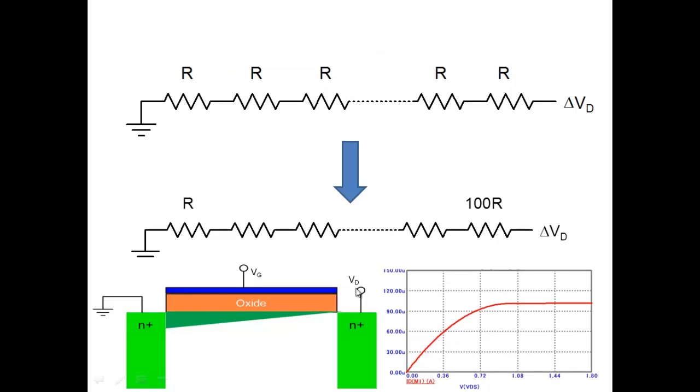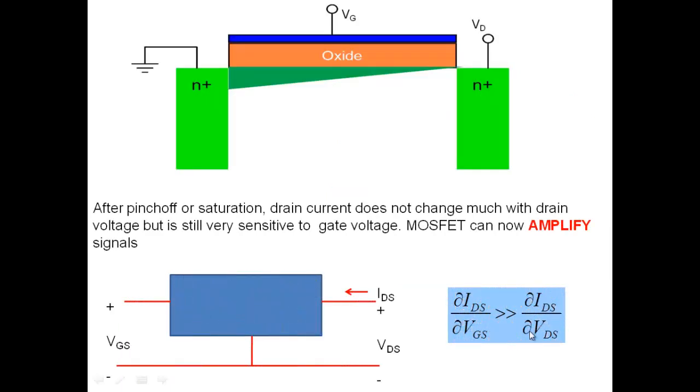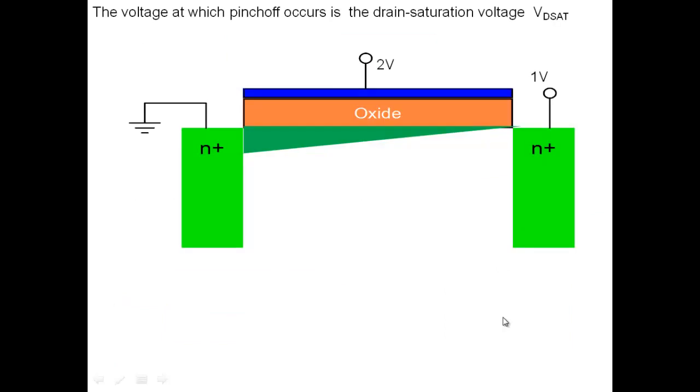Drain current is responding to the drain voltage also, so it's not going to amplify much here. So I have to go in this region here, and once I go into this region, then my MOSFET is capable of amplification. Okay. So the transconductance is much larger than the output conductance, at least in a part of the characteristics where this relationship is satisfied.